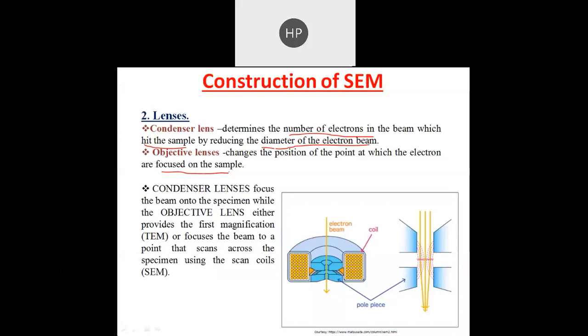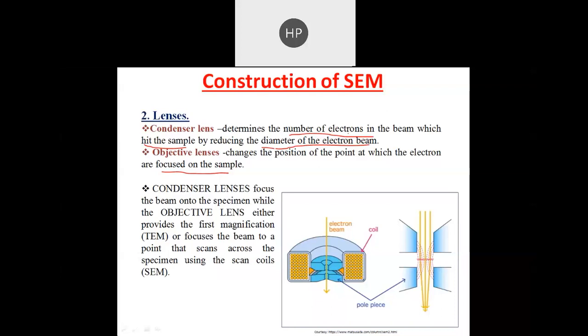So that's why these two lenses are very important. One will decide how many electrons are going to hit that sample, and the second will decide the position at which the electrons are focused on the sample.